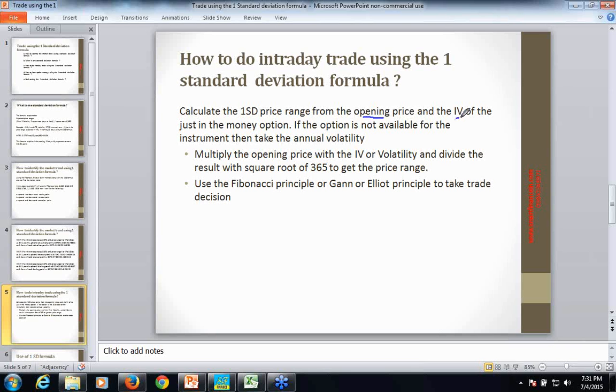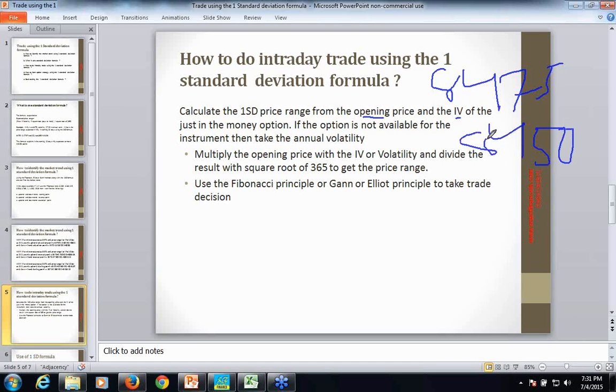And instead of volatility, take the IV of the just in the money call option. Suppose Nifty is trading at 8475, then your just in the money call option will be the 8450 strike, or you can say the 8500 strike put option.